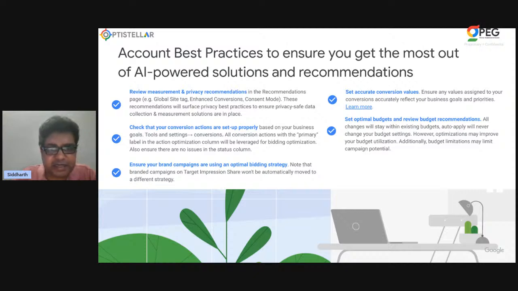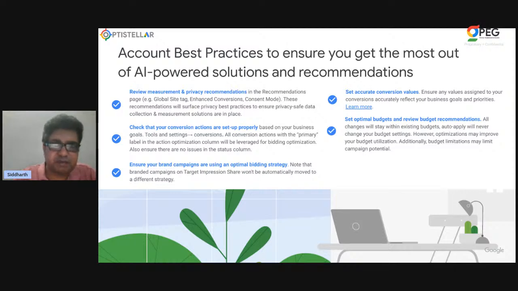Now, the second thing that I cannot stress enough is about checking that your conversion actions are set up properly. Right? Now that we know that there are so many conversion actions that you can actually set up, there is a reason behind setting up conversion actions, because whenever you have your account, it is always important that you are providing the right conversion actions for your intended campaigns, right?